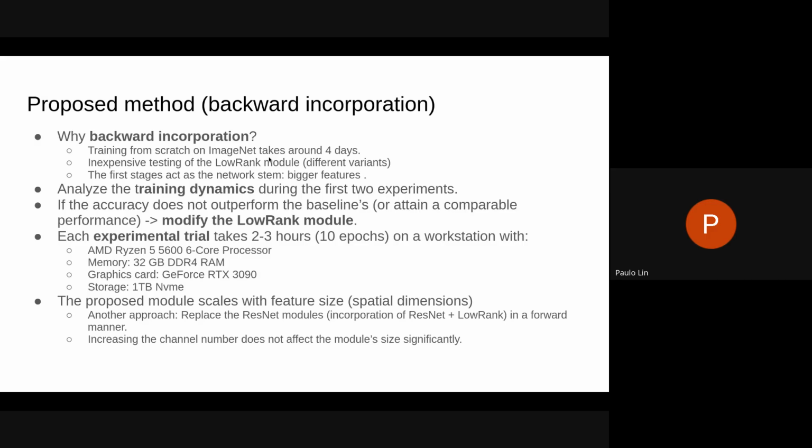It takes less time to verify its functionality. And also the first stages of the network act as the stem of the backbone. For instance, here stage 1 and stage 2 actually act as the stem of the whole network.